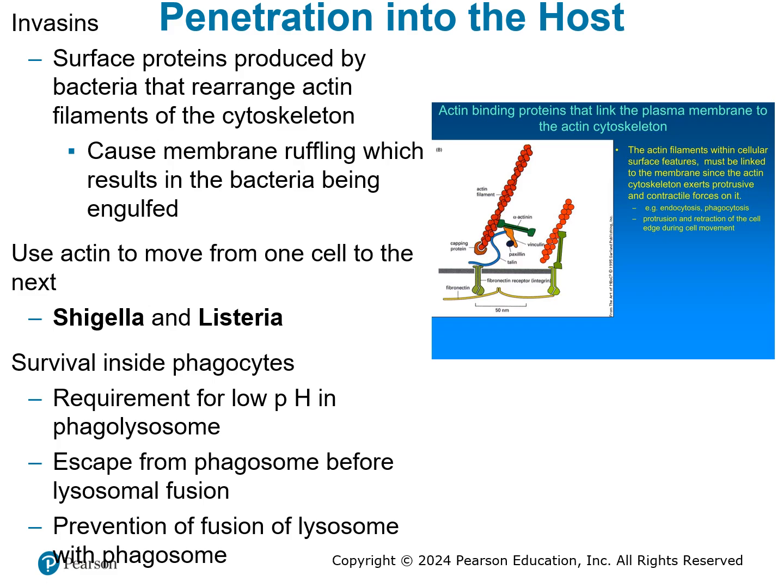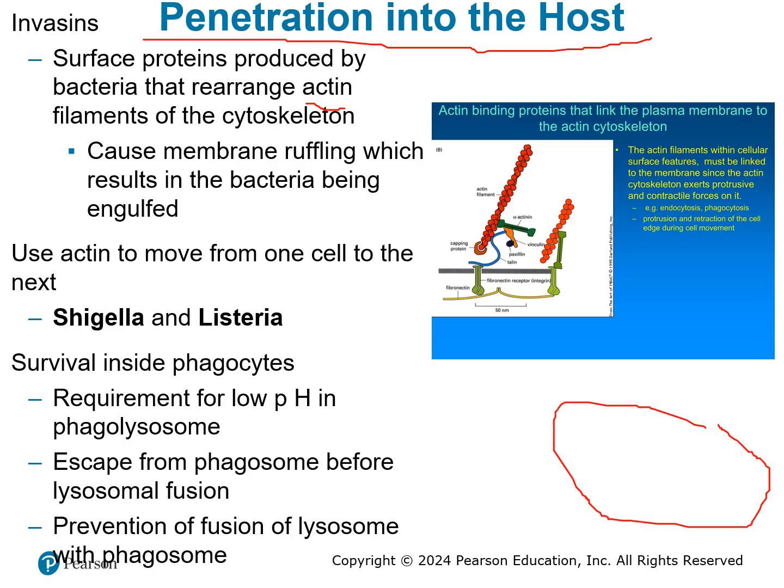All right, and then how do these guys actually get into your body? The surface proteins are going to be produced, and they are going to actually rearrange the actin filaments. So remember that actin filaments are going to be just kind of right under the cell membrane. I'm going to use purple for the actin filaments. They're going to be under the cell membrane.